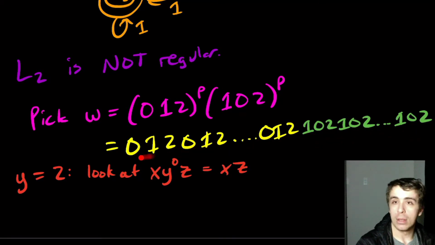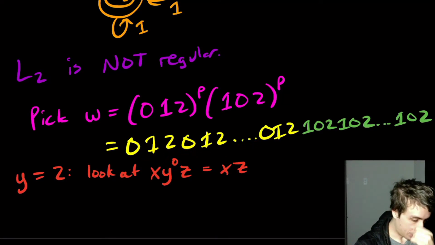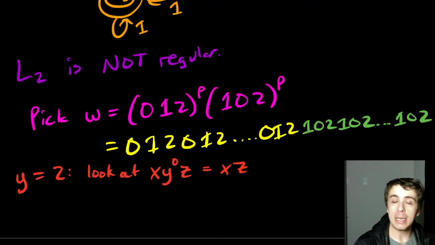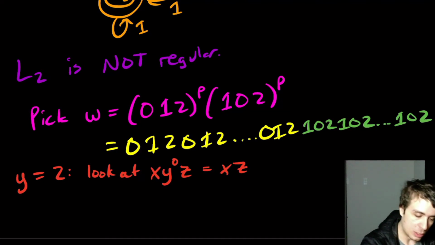This side never gained or lost a 0 1, but it gained a 1 0. And so therefore, we're done. We'll have a different count of 0 1s and 1 0s.